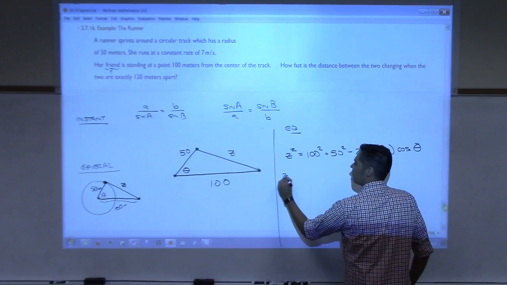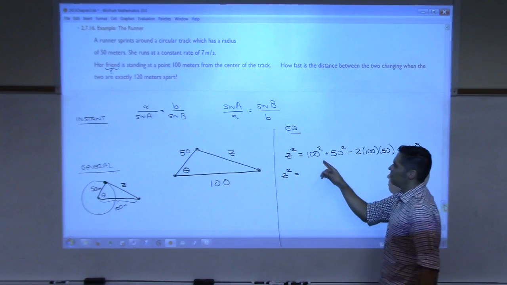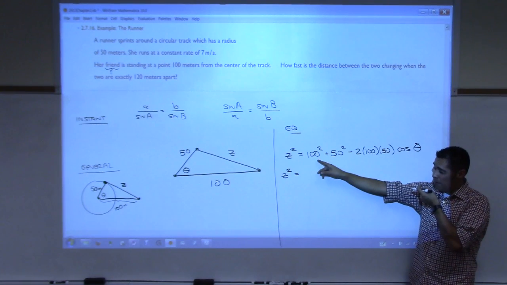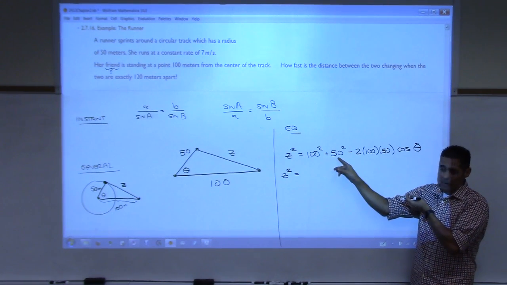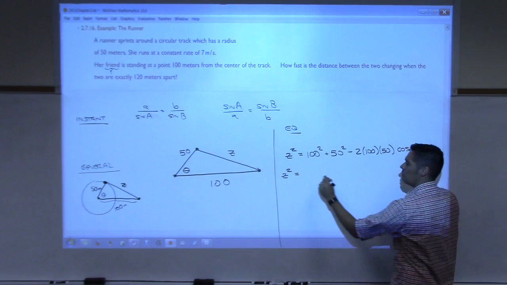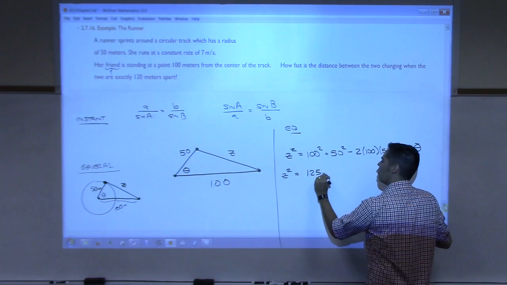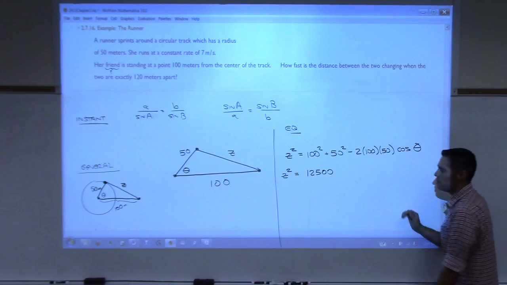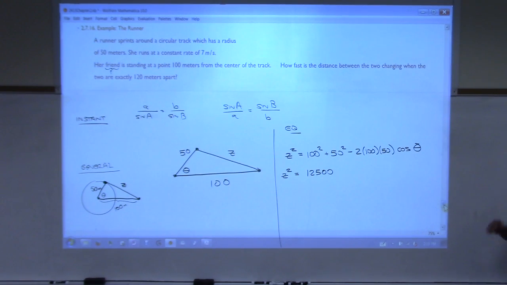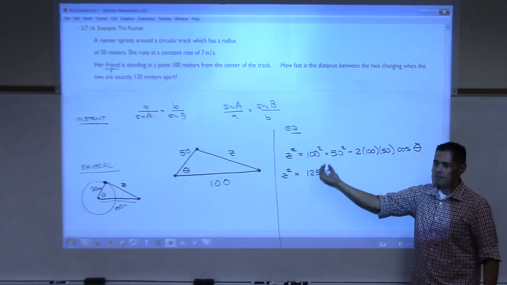Z squared equals, let someone do this for me. 100 squared is 10,000 plus 2,500? Yes. So 12,500? Whoa, no. Yes. 12,500. I almost put 1,250. That's these two together, right?